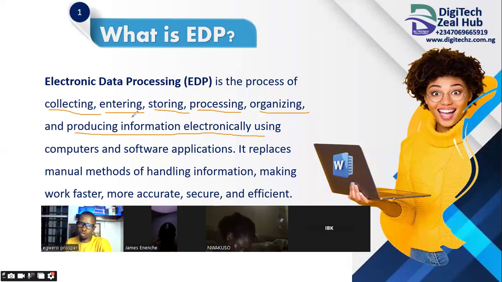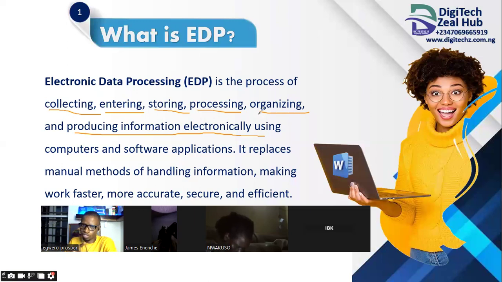The computer stores them digitally inside a storage, which is called digital storage, like your local disk, like your flash drive, like your SD cards, like your email. So it's not just processing, it's not just entering information, it's not just collecting that information. You must also know how to store it within the system.